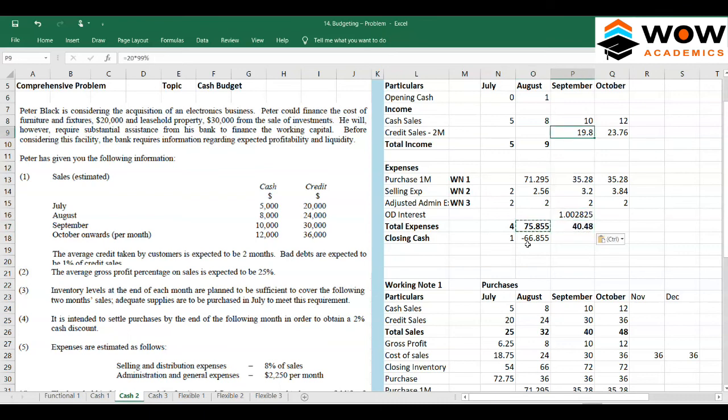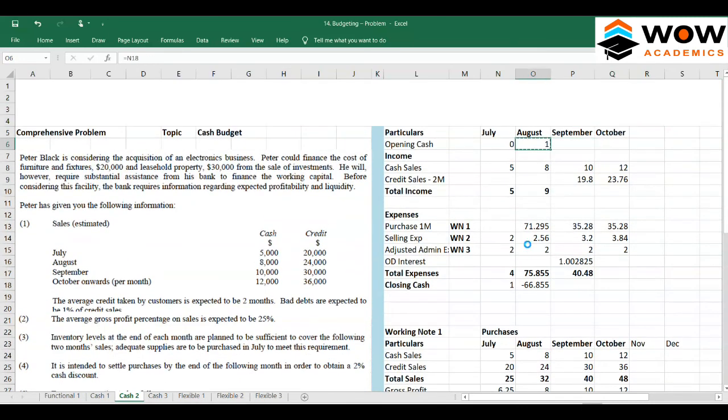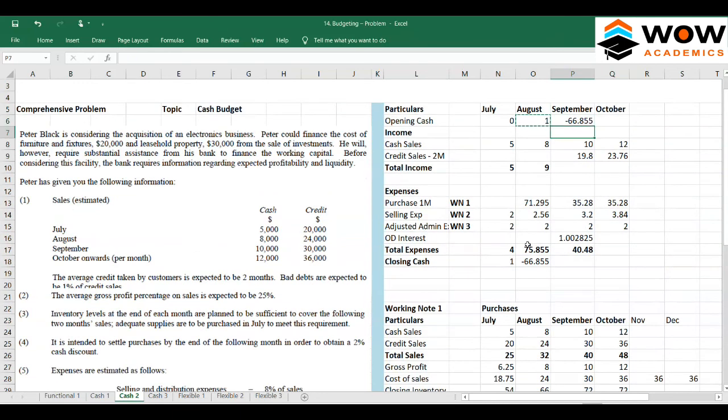Sorry, we have to get the opening first. The opening would be this number. So total income will be this, and total expense I think we have calculated. Let's see whether we have calculated correctly. No, it has not taken correctly. Let's get the deficit. This is the deficit.